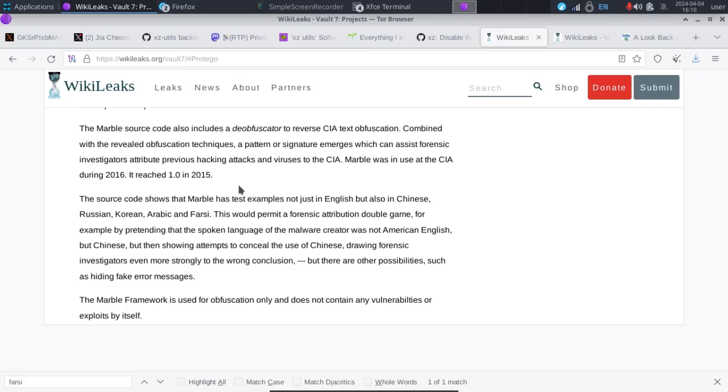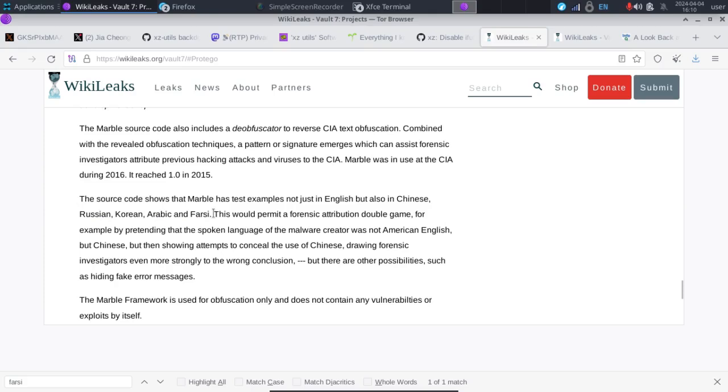So you can take the information shown in this and you can assume that all nation states are doing something similar. So when you want to perform an operation but you don't want the attribution to come back to you, what do you do? Well, you change who you are. You also change the language, as it shows here in Vault 7, changing the code to Chinese, Russian, Korean, Arabic, or Farsi.